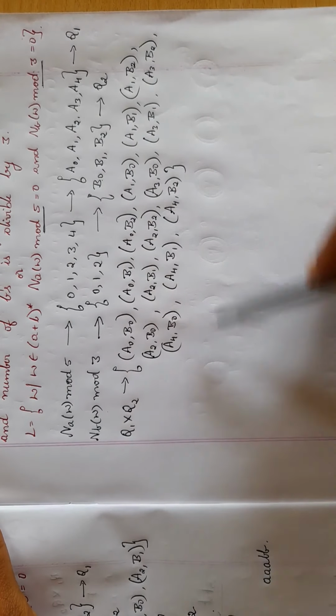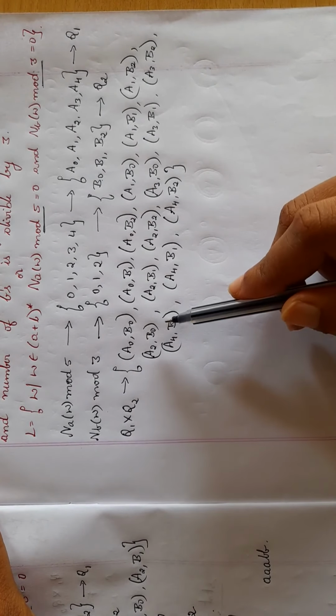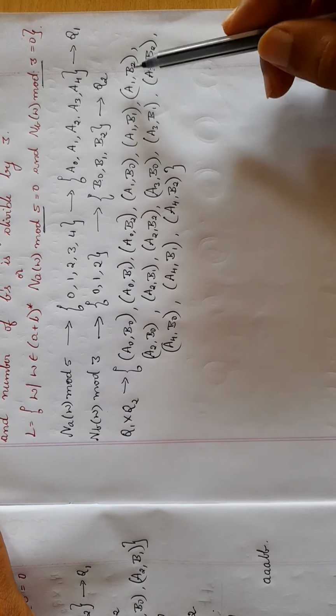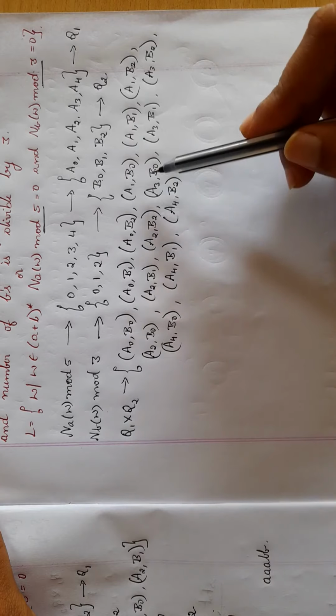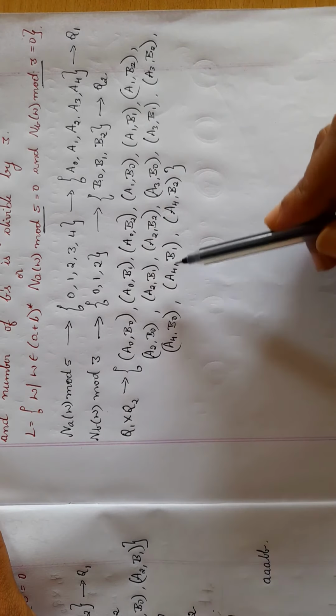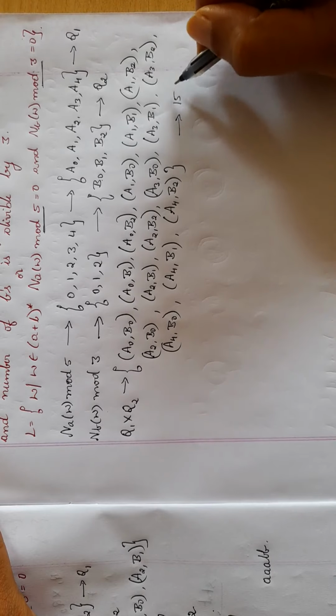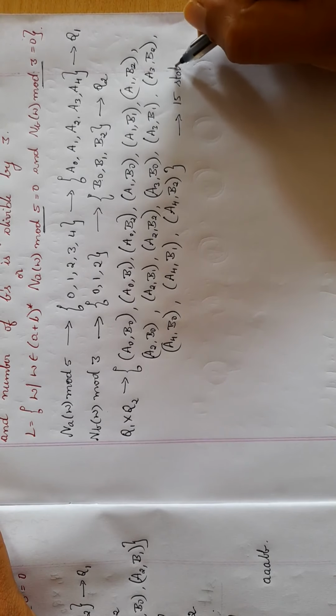Altogether, how many states will you have? 1, 2, 3, up to 15. So your given DFA altogether has 15 states.